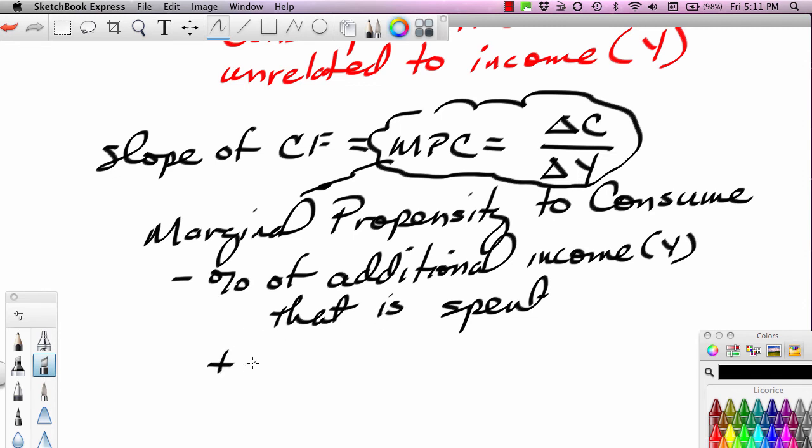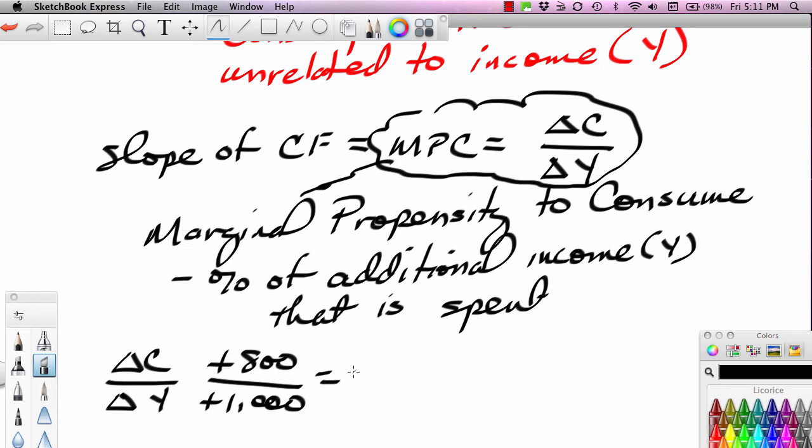So the change in C was 800 when the change in Y was plus 1,000. Well, what is that? That's 0.8, which is 80%.